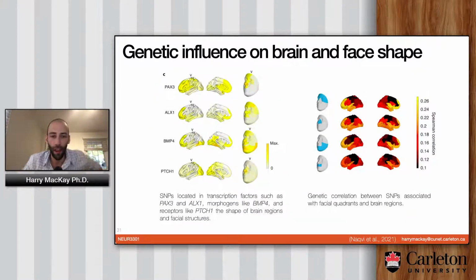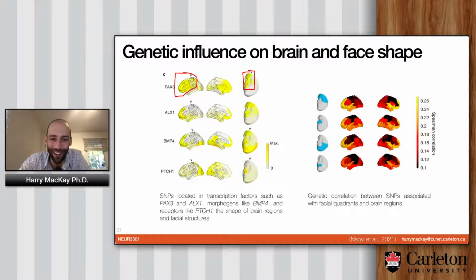So you can look at where these genes, or the genes linked to these variants, have influence. For example, variations in PAX3 control the shape of this anterior part of the brain, the frontal cortex mainly, and a little bit of the temporal lobe. But they also control the development of this part of the face, the frontonasal area.